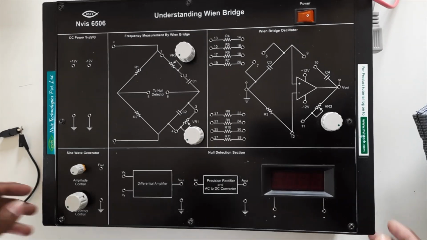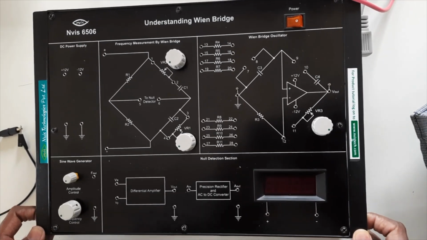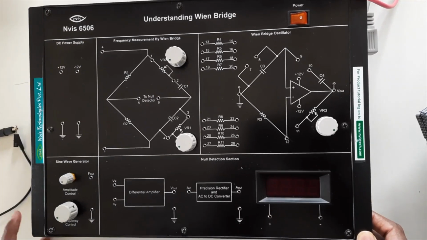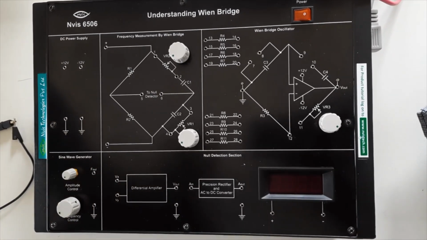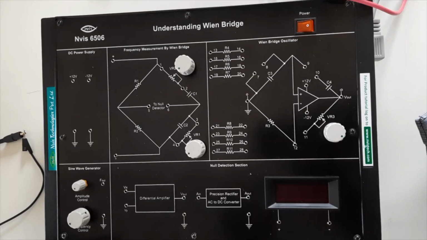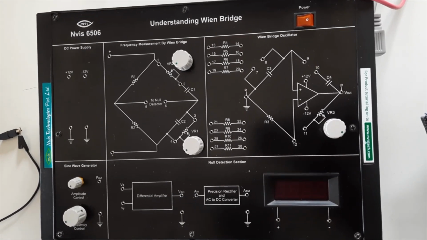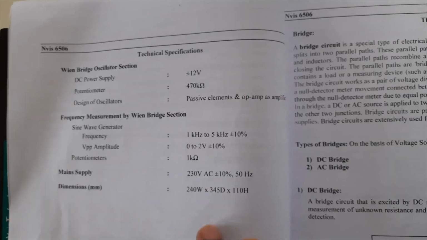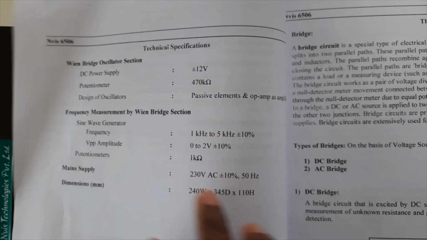Okay, so for that we are using this setup. This kit is NVIS 6506 kit. It has some specifications. These are the specifications of this NVIS 6506.